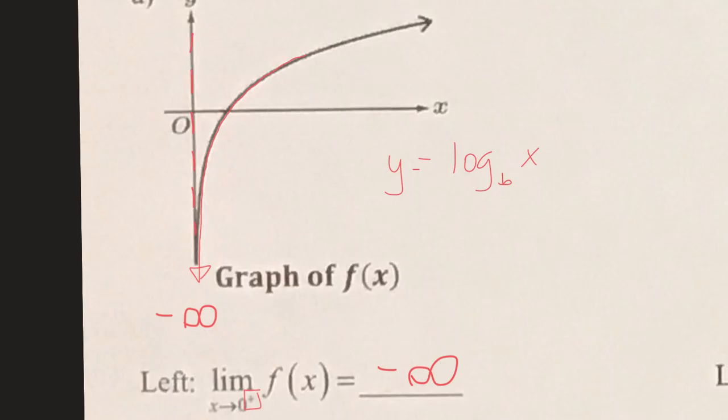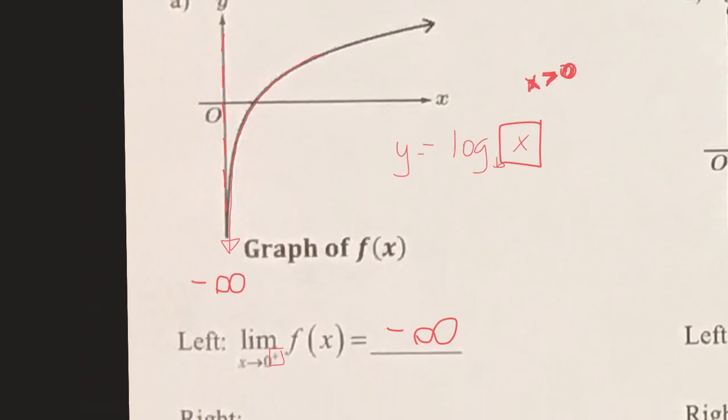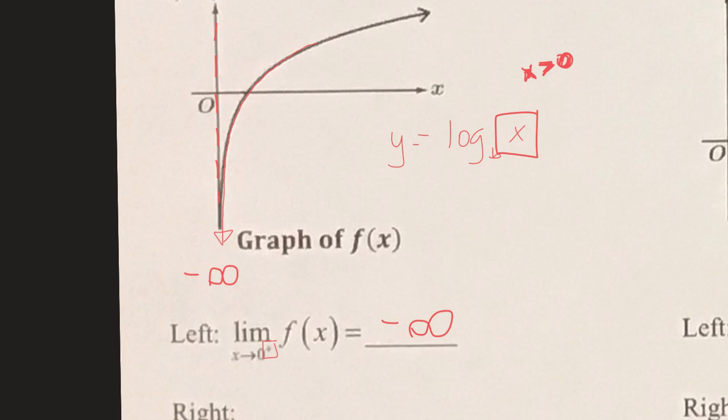We can never take the log of a negative. This number here will always be a positive value, because you can't take the log of a negative. Your calculator won't let you. Logs are not defined for negative values of x. But for the right side, what direction does your arrow go?